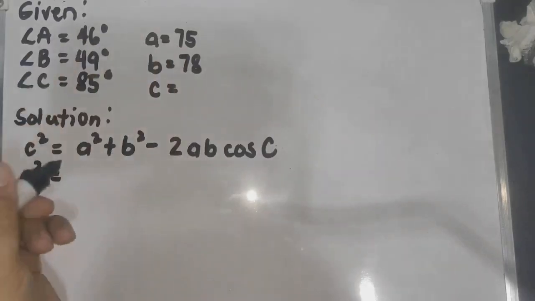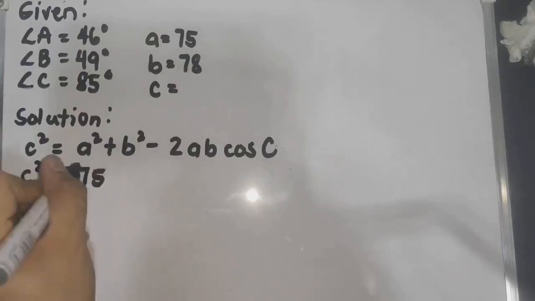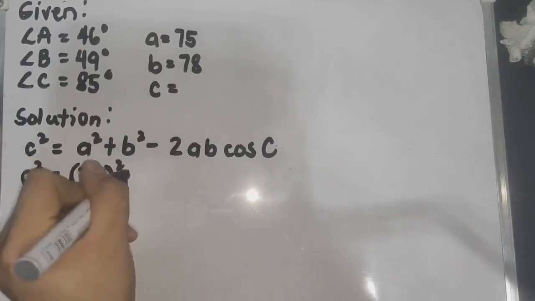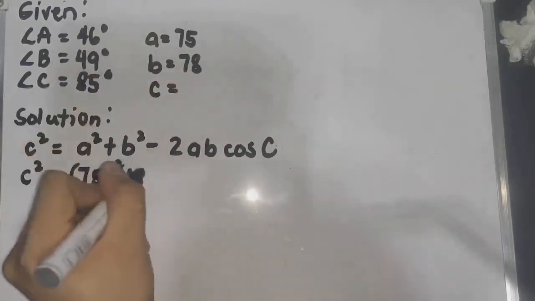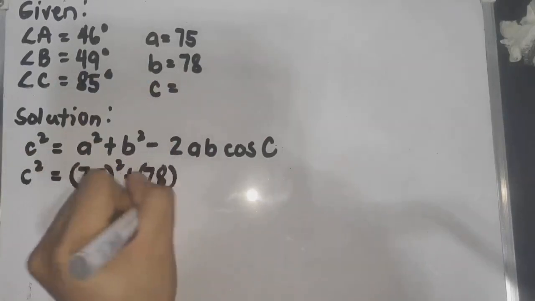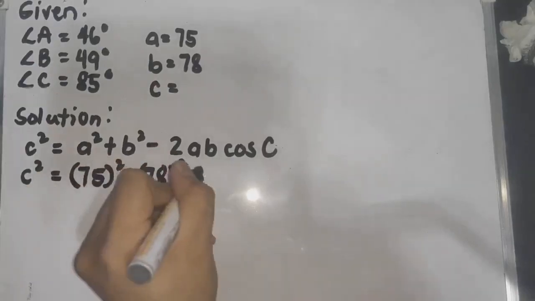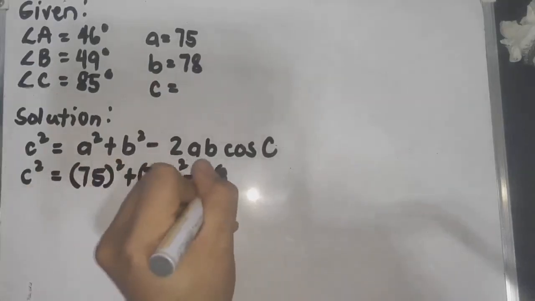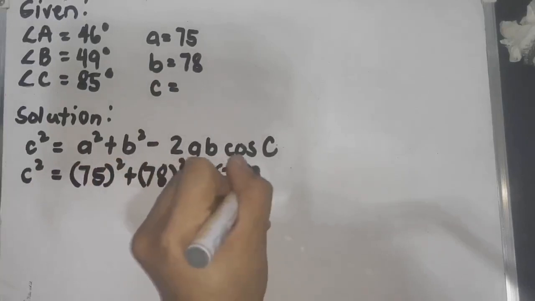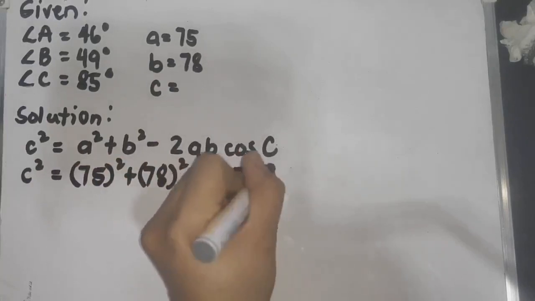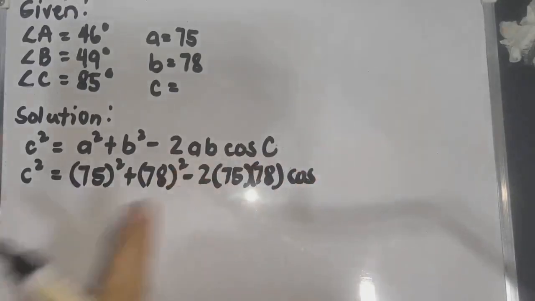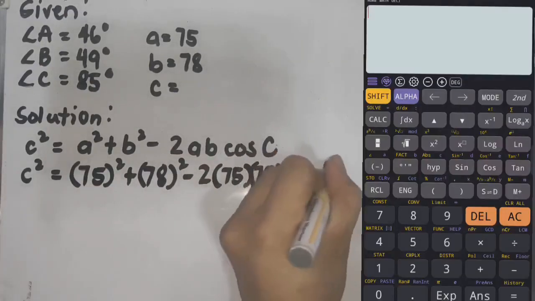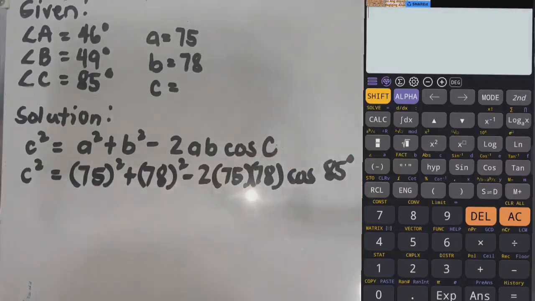Ang value ng A natin is 75 squared plus ang ating B is 78 squared minus 2 times 75 times 78 times the cosine of angle C, which is 85 degrees. Then, isi-simplify lang natin.